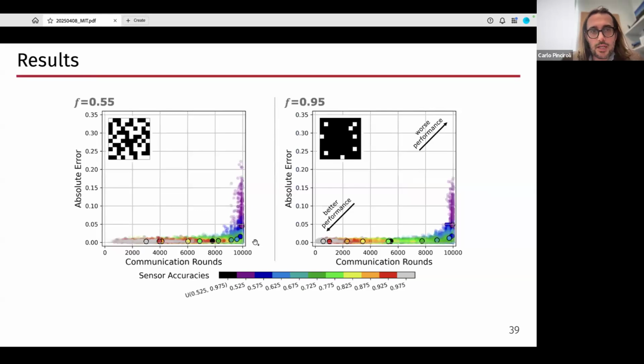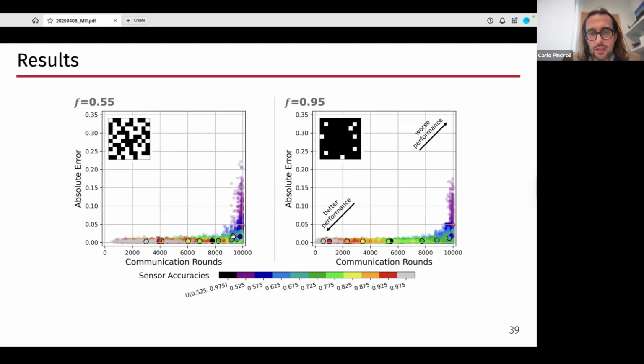And what we found is that this method actually worked really, really well. As we look at the sensor inaccuracy, the black one is the one we are interested in, because it's the one in which all of the robots are broken in a different way. In an environment in which the fill ratio is very close to 50%, the robots can, in most of the configurations, even if all of them are broken, have a very low error.